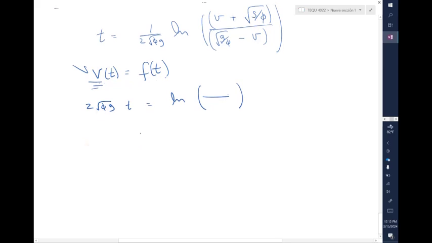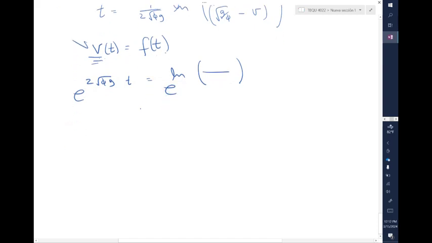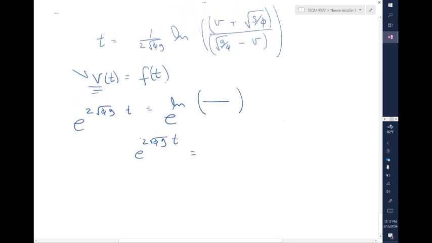So if I get to eliminate this log, how about if I get the whole thing to the e, and when you do that, then you end up e to the 2 phi times g times time equal, now here, this is the interesting part, you eliminate the log. That means that you end up with whatever is this content here. So that's going to be v plus phi over g divided by phi over g minus v, up to there.